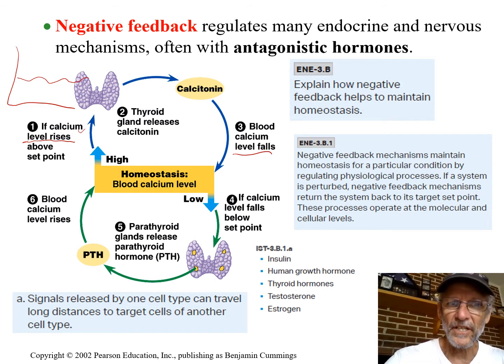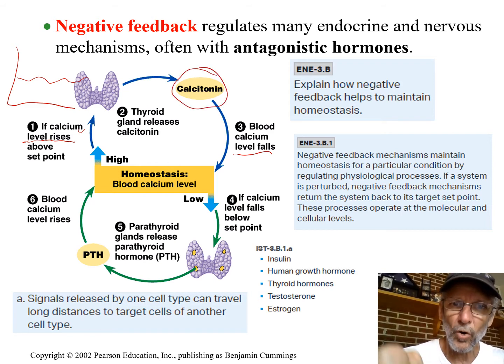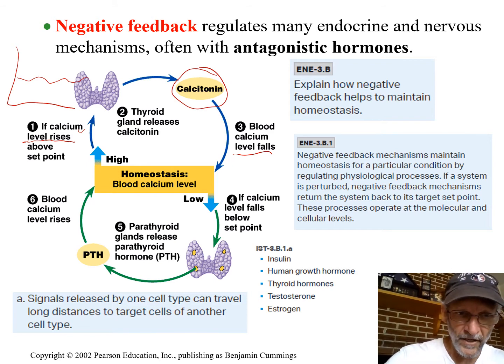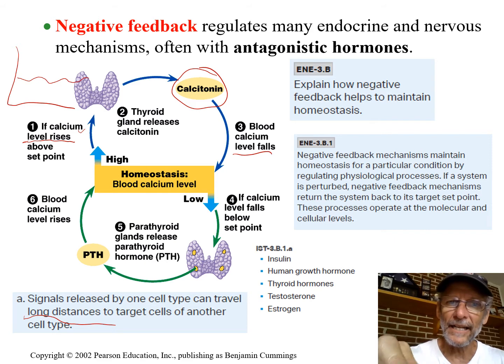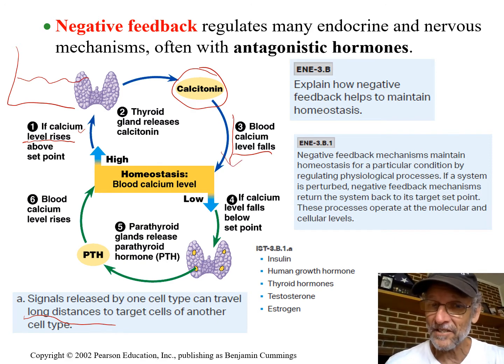In this case, it's the release of yet another hormone going to yet another long distance target, right? And in this case, triggering a signal transduction pathway that causes calcium levels to fall, probably because of opening calcium gates in cells to let that blood calcium get into cells, right?